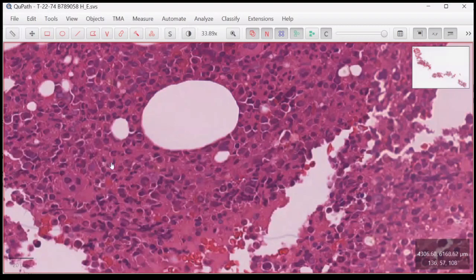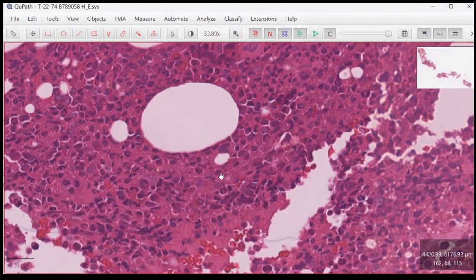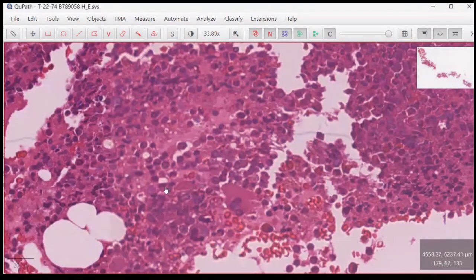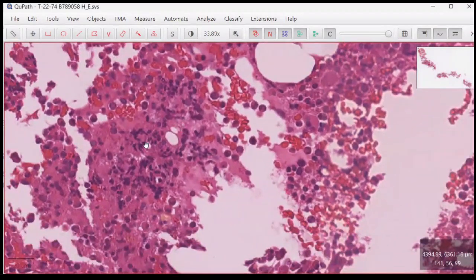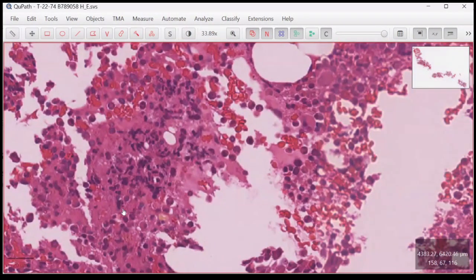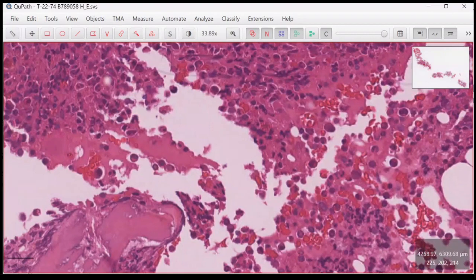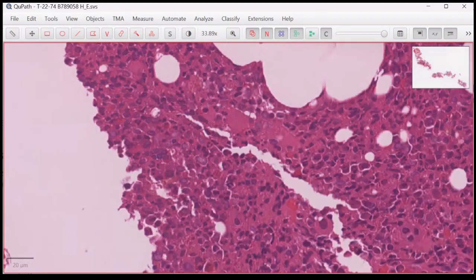More maturing granulocytic series. Megakaryocytes becoming more common now, but I'm looking for the erythroid colonies. Okay, here you get all the granulocytic series maturation, because in recovering or regenerating marrow, but not common in this marrow.